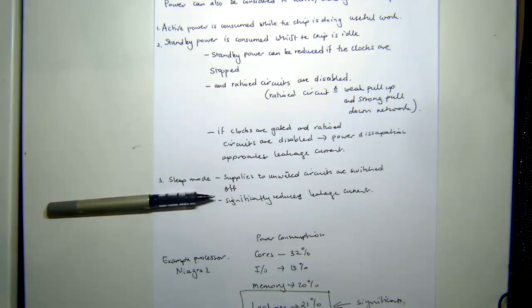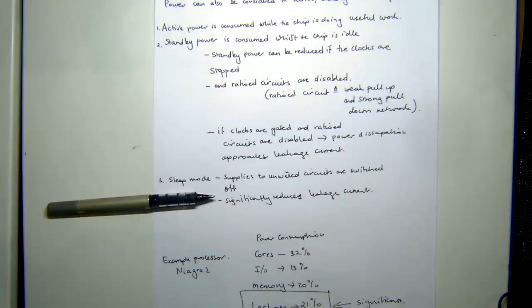Suppose you've got a whole bunch of circuits. Let me draw an example, this might help. You've got VDD, and for argument's sake an inverter, and an inverter, and so on.